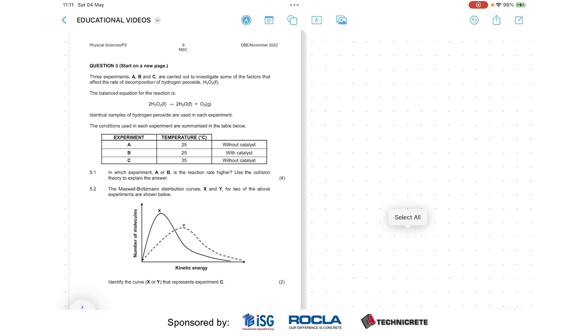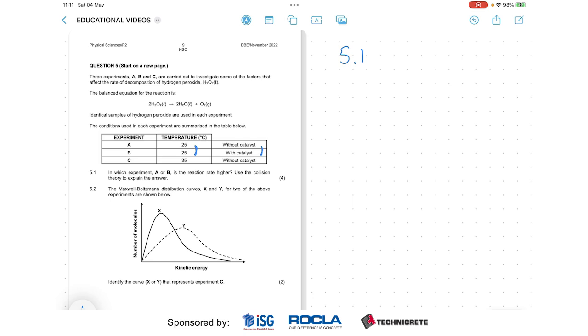Okay, so starting off with 5.1. In which experiment, A or B, is the reaction rate higher? Use collision theory to explain your answer. Okay, so A and B are both at the same temperature, but one is with a catalyst and one is without a catalyst.